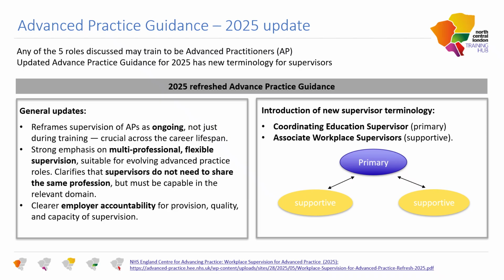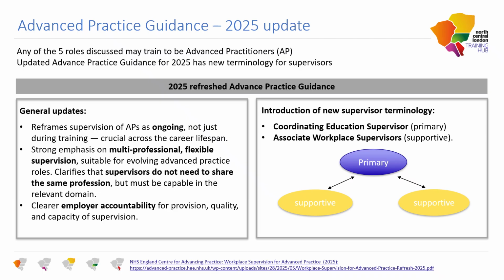Any of the 5 roles discussed may progress to become advanced practice practitioners and can come into contact with patients from an undifferentiated list. Early this year, a revised version of the Workplace Supervision for Advanced Practice was published.